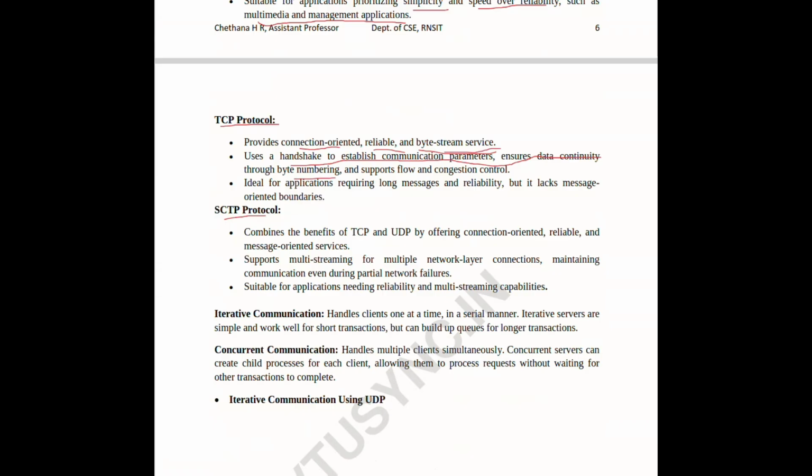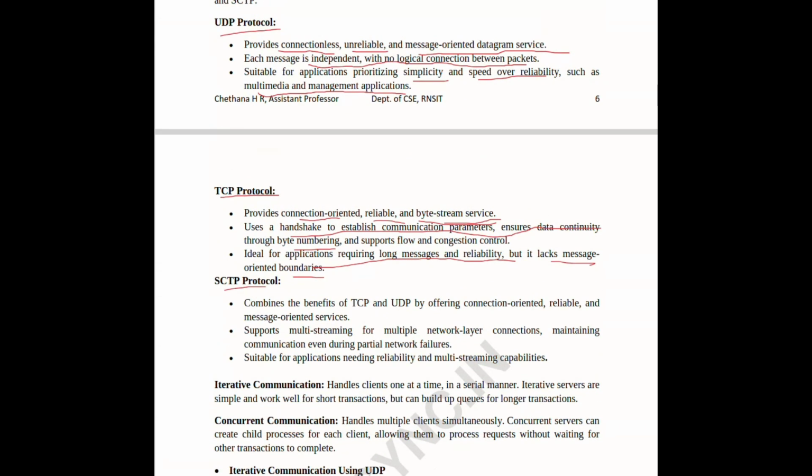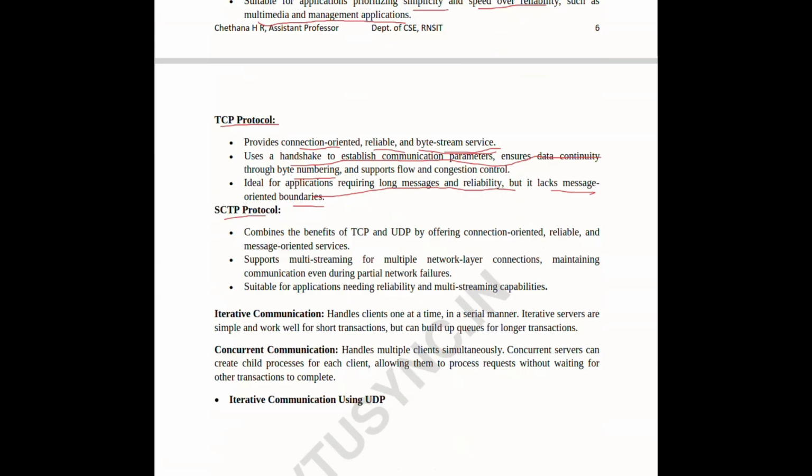It is ideal for applications requiring long messages and reliability, but it lacks message-oriented boundaries. Now, data can get mixed, unlike in UDP protocol. UDP was unreliable and it prioritized only data. Here, that is not there.